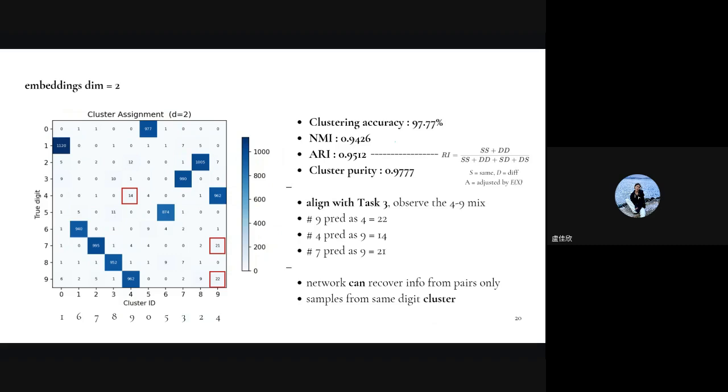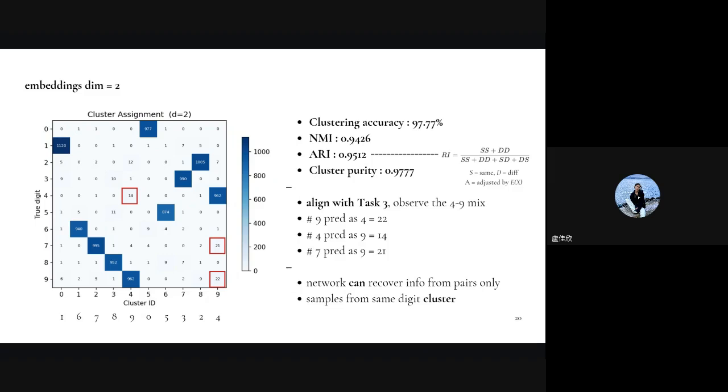For example, the mix between 4 and 9 is also observed here, and another common mix in text 3 is 7 being predicted as 9. It is also observed here. So now we know that a network can recover information from pairs information only, and samples from the same digit label do cluster together. And then we apply the same protocol to dimension of 16.